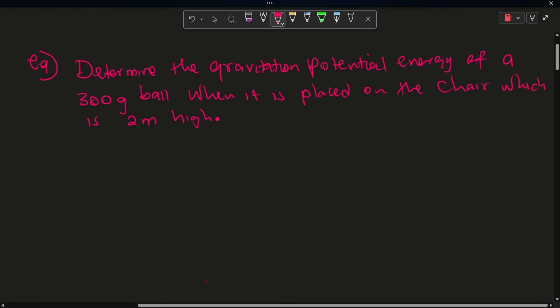Okay, look at this one. Simple example. Calculate the gravitational potential energy.